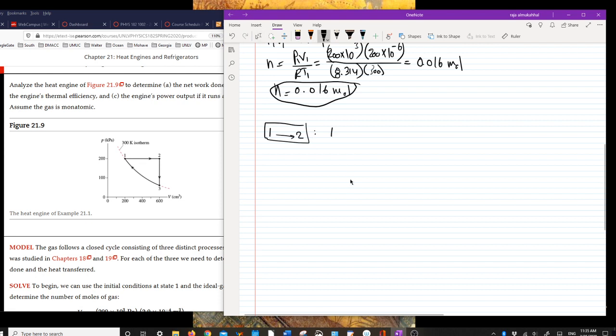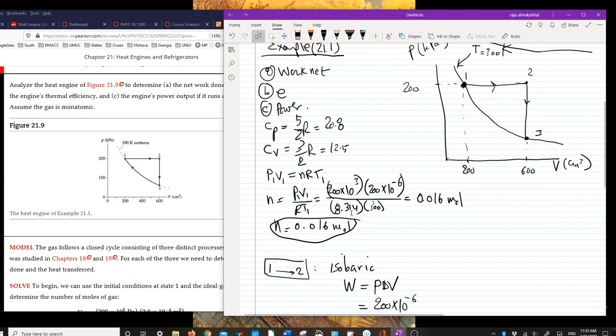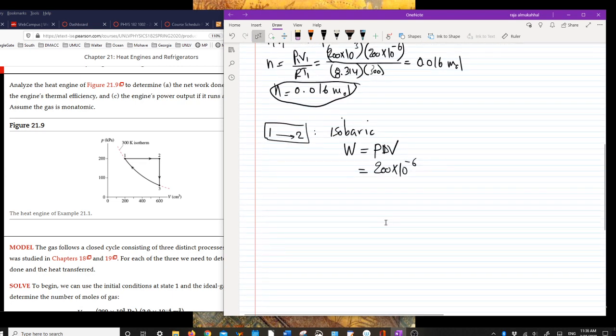This is an isobaric process, and therefore the work, if you remember, is P delta V. So in this case, it's going to be 200 times 10 to the third, excuse me.